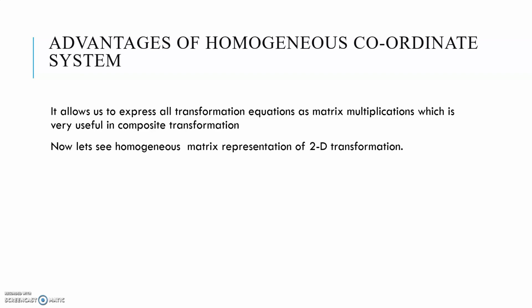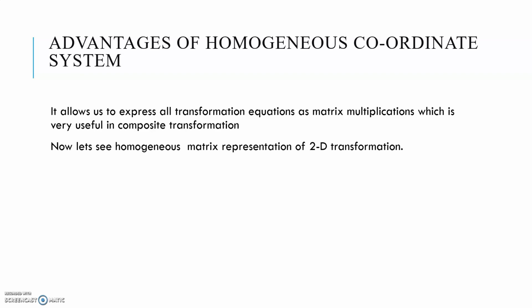Next we will see the advantages of the homogeneous coordinate system. It allows us to express all transformation equations as matrix multiplications, which is very useful in composite transformation. Afterwards, we will see what a composite transformation is.